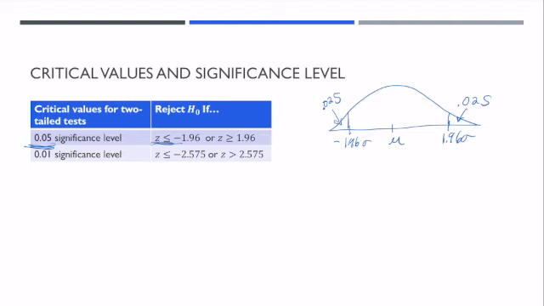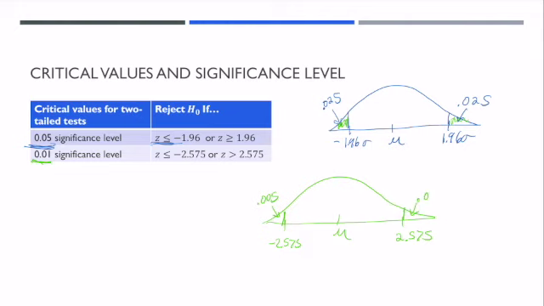So that's why the significance level is different for two tails, because I'm going to have to multiply my area by 2. When it comes to the 0.01 significance level, if I look up negative 2.575 in the z-table, that's going to have an area of 0.005.